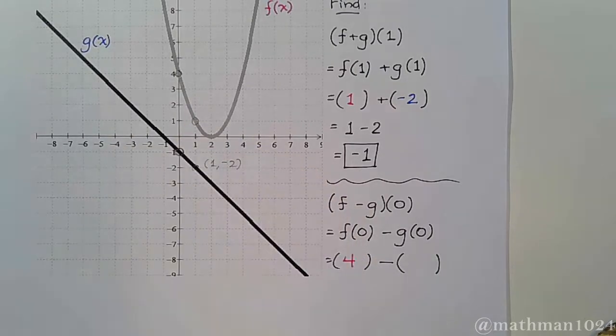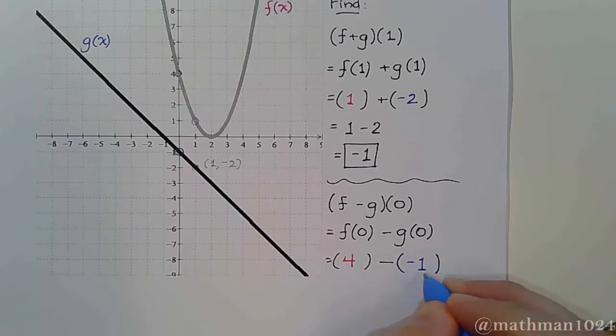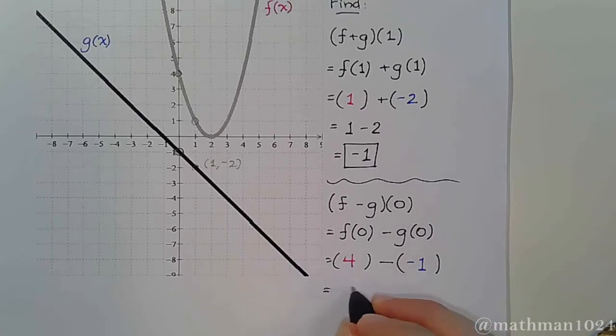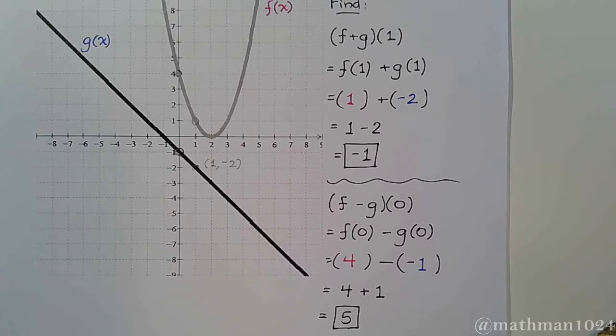So you get 0, and the function value is negative 1. Let's clean this up: that's 4 plus 1, and we get 5. Again, we're just taking the y-coordinates we see in the picture to evaluate the functions, and then we either add, subtract, multiply, or divide.